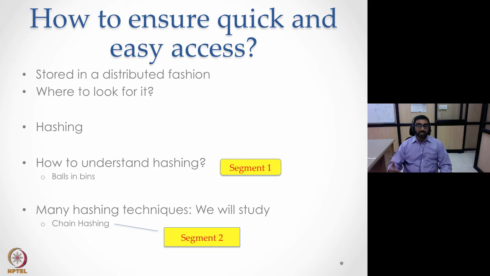And chain hashing is essentially a dictionary. Given a key and a key value pair, you can hash the key value into your data structure, find a particular location where you can store the value, and then later on retrieve it. So it essentially is a dictionary ADT.